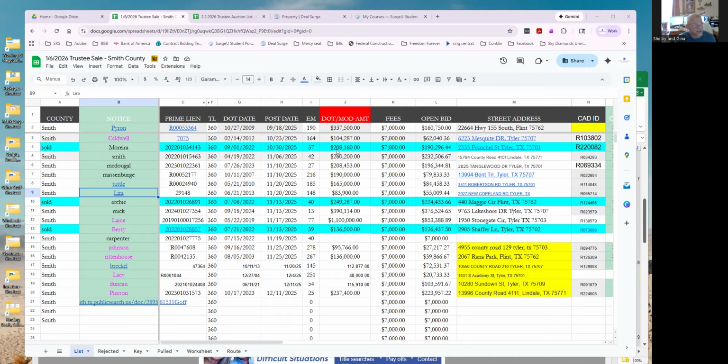Like this one right here at 208, it has a seven, and then all the fees are going to be about the same. So we just kind of run the fees down a little bit exaggerated at $7,000. The opening bid is calculated.